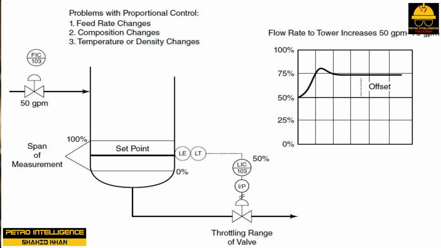After the process is stable, the operator places the controller in automatic and allows the controller to supervise the control loop function. At this point, the controller will attempt to open and close the control valve to maintain the set point. Cascade control, as shown in the picture, is a term used to describe how a second controller will reset a controller's set point in order to achieve a desired outcome.